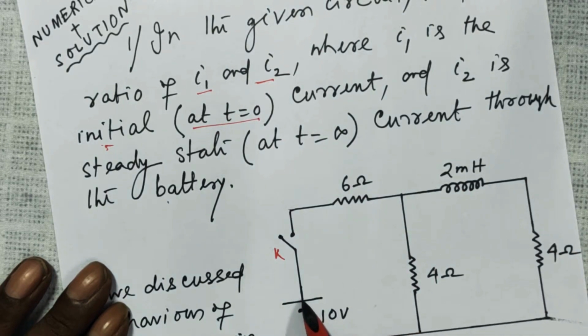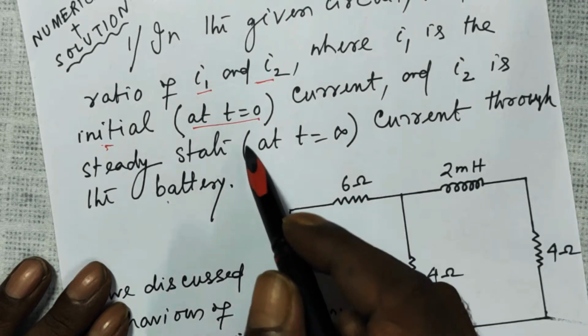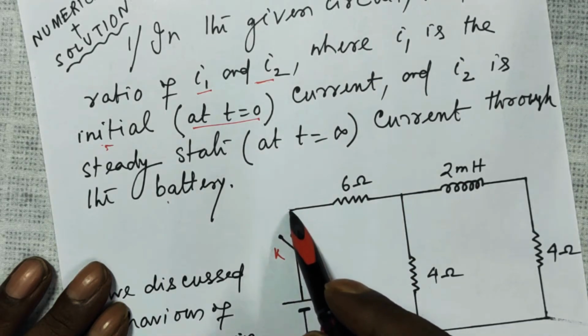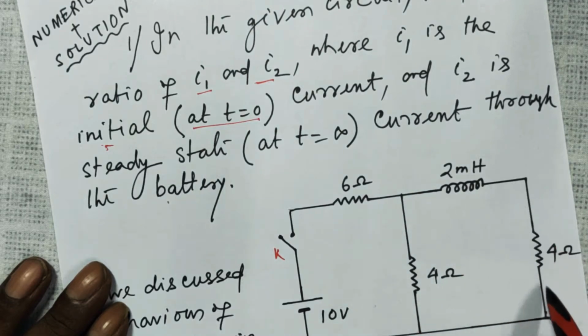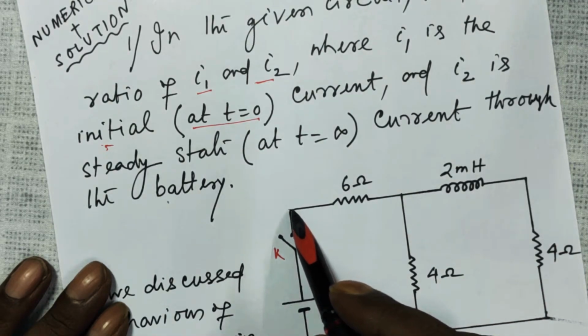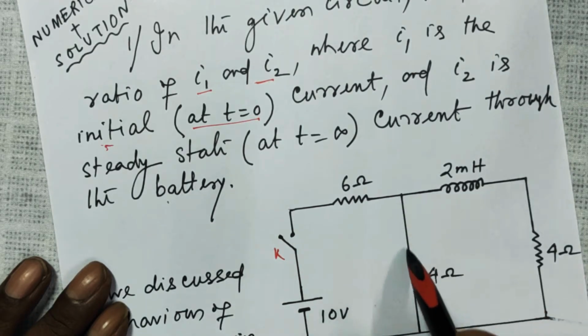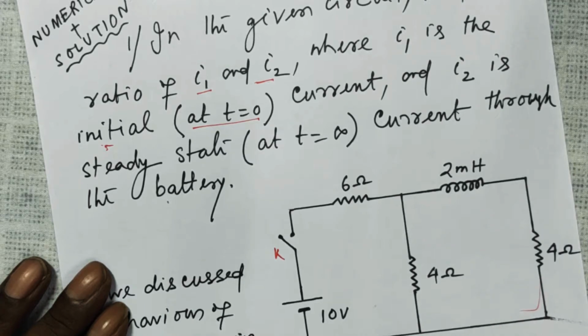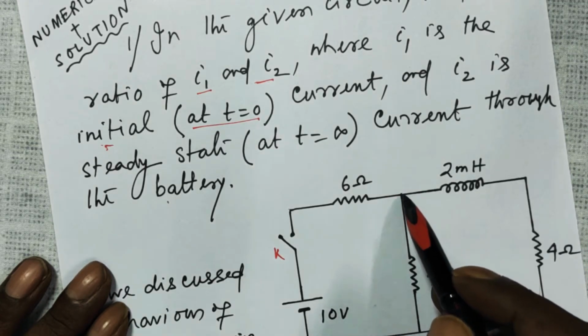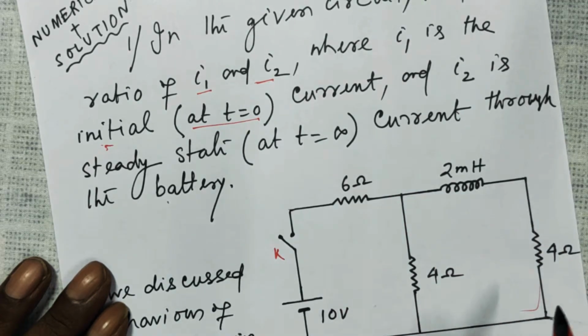Let us see whatever is that current I1 when this switch is switched on at t is equal to 0, whether that I1 will flow along this path, or whether it will flow from here to here and at this point it will be distributed, or whether it will not flow along this path, that we have to decide.